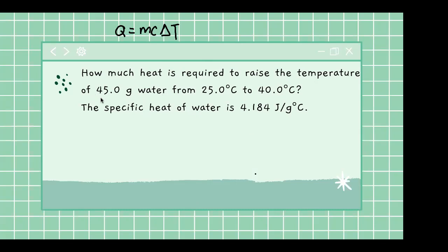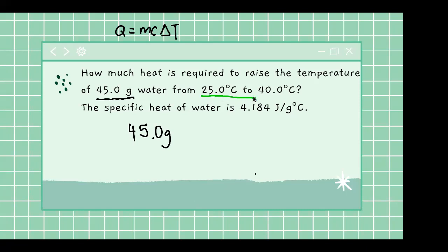Mass, perfect. So that 45 grams of water is given to us. So we can put 45 grams of water. What else is given to us? Temperature, yeah, we have temperature.